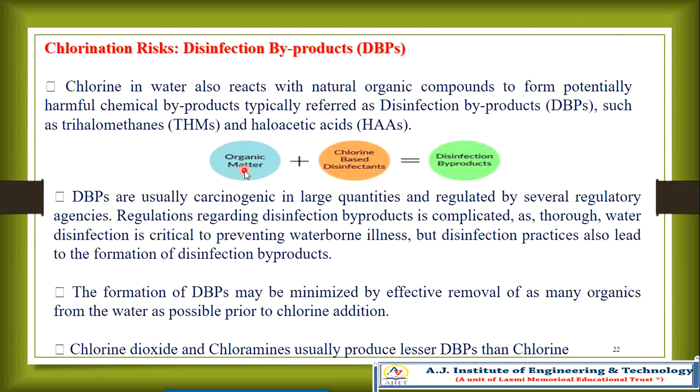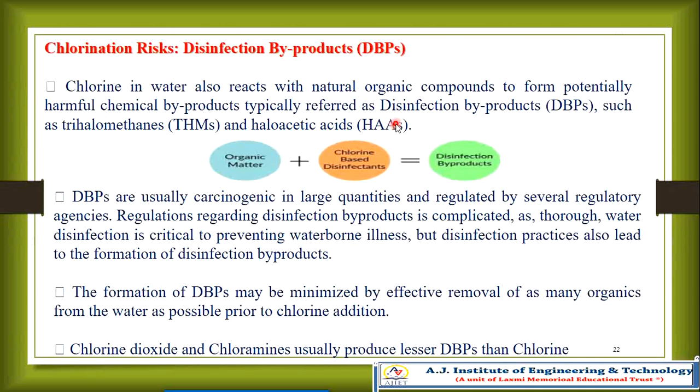What is the risk which will be factored under chlorination? That is especially the byproduct of the disinfection. That is called chlorination risk: disinfection byproducts, DBPs. So if you add chlorine to the water, it can also react with natural organic compounds to form potentially harmful chemicals.